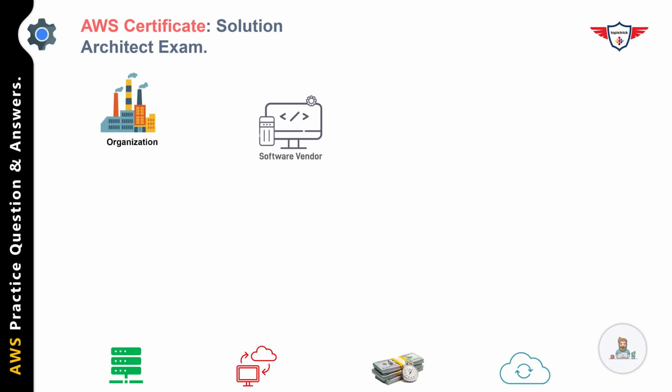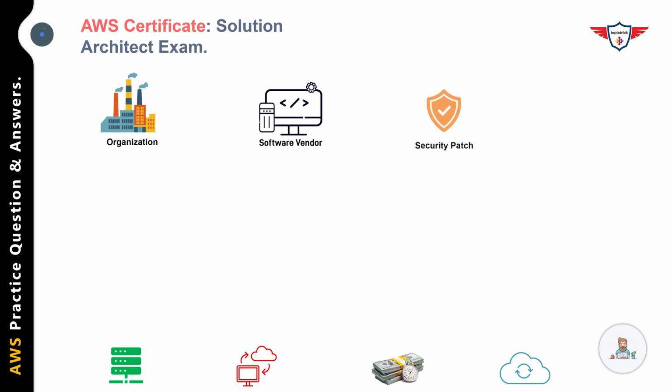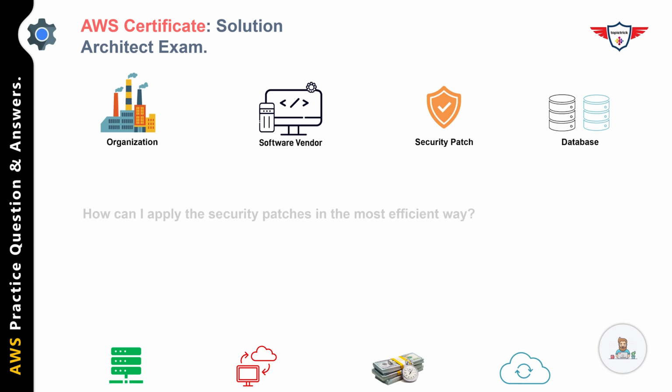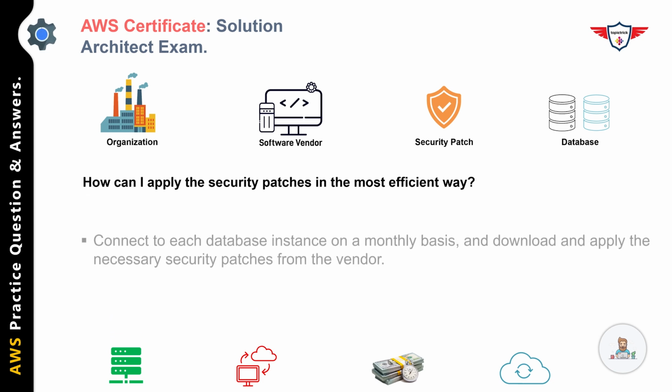An organization has installed several relational databases on Amazon EC2 instances. Each month, the database software vendor releases additional security patches for the database. How can I apply the security patches in the most efficient way?